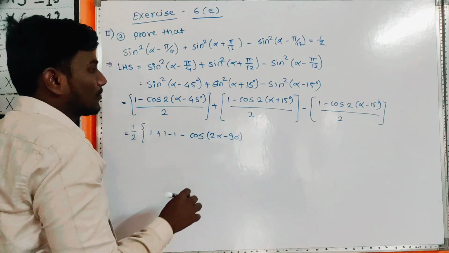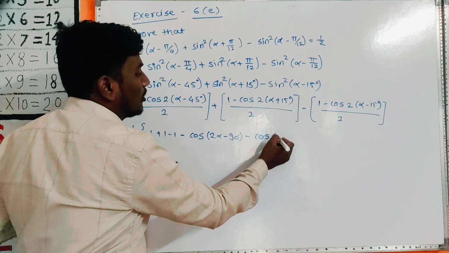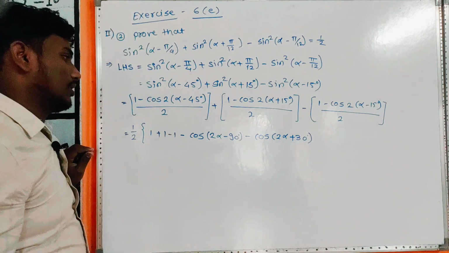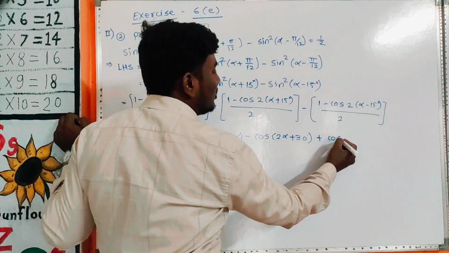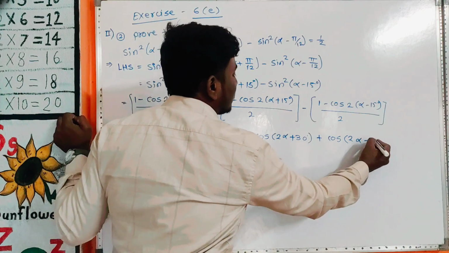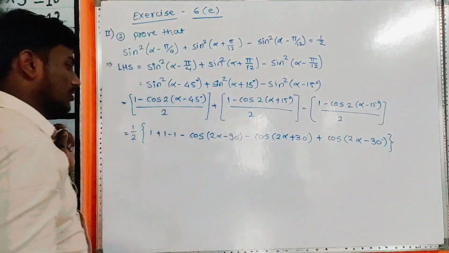Is it clear? Plus, into minus, minus cos (2α + 30 degrees). Next, this minus into this minus plus cos (2α − 30 degrees).